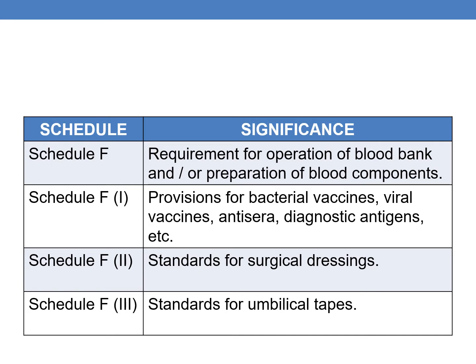Schedule F1 deals with provisions for bacterial vaccines, viral vaccines, anti-sera, diagnostic antigens, etc. Schedule F2 deals with standards for surgical dressings, whereas Schedule F3 deals with standards for umbilical tapes.